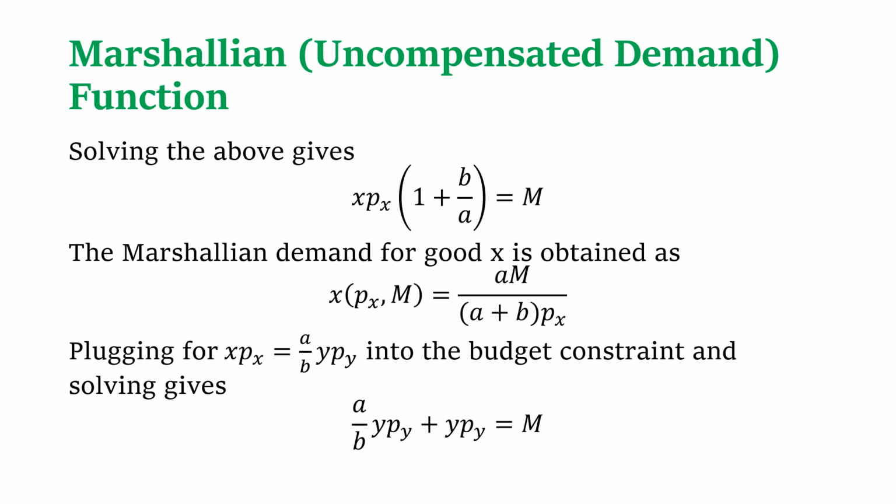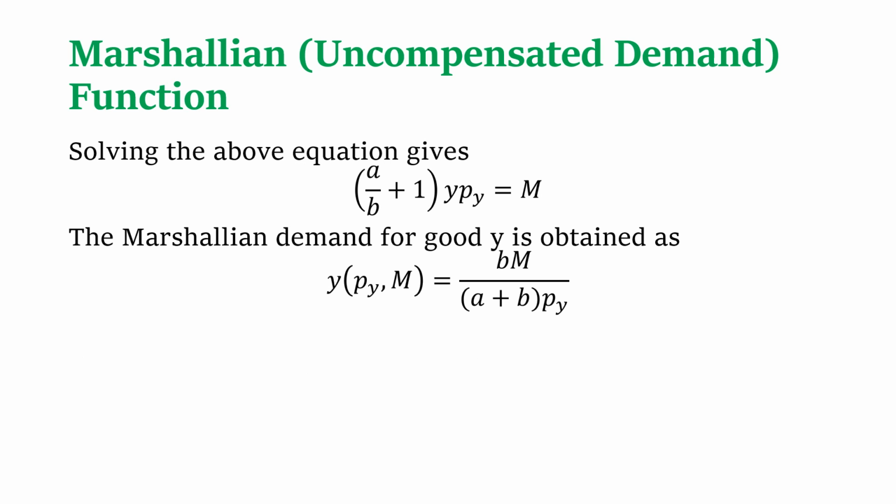And if we factorize, we're going to have ypy out of the brackets times a over b plus 1, which is equal to m. If we solve, the Marshallian or uncompensated demand for good Y is obtained as y equals bm over a plus b times py. So again here, we notice that the demand function varies inversely with the price and directly with the income.